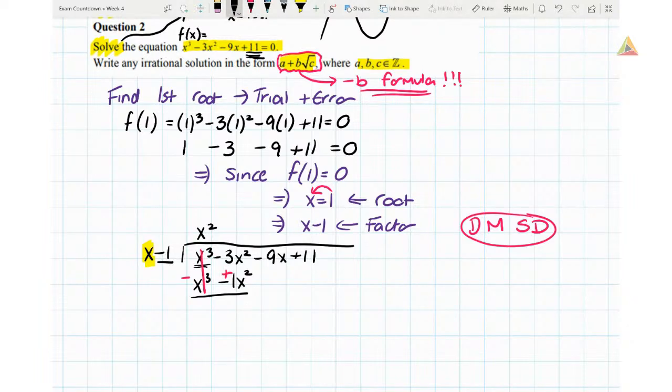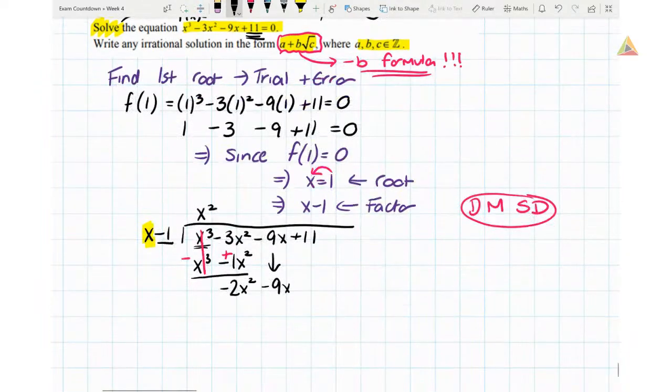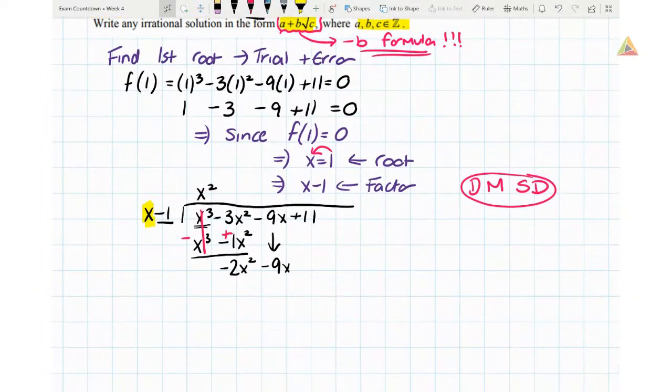We've got a minus 3x squared plus a 1x squared. That gives me a minus 2x squared, and we drop down our next term, our minus 9x. Divide again: we're dividing x into minus 2x squared, which gives me minus 2x. Multiply: minus 2x by x is minus 2x squared.